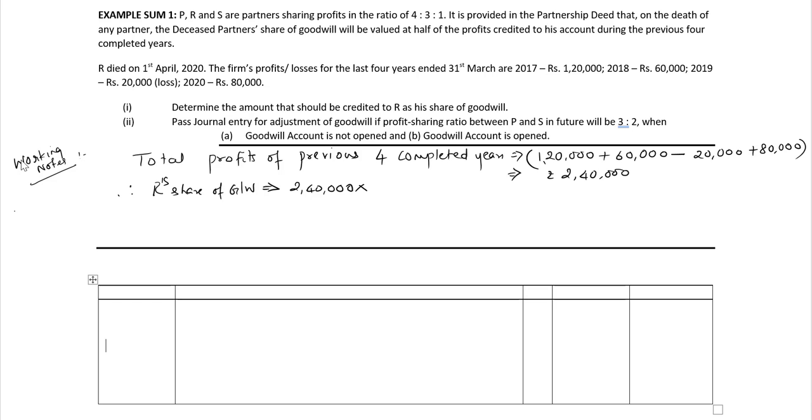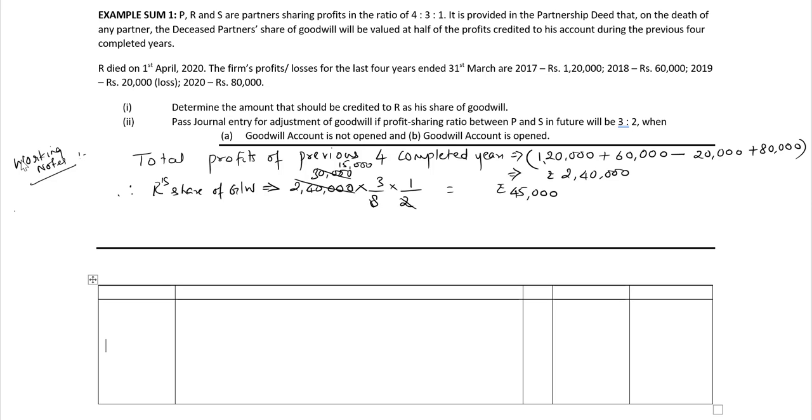We'll get R's share in profits, which is 3 divided by 8, and half of this should be taken. So we have R's share of goodwill as rupees 45,000. So the first subdivision is completed. R's share of goodwill is rupees 45,000.